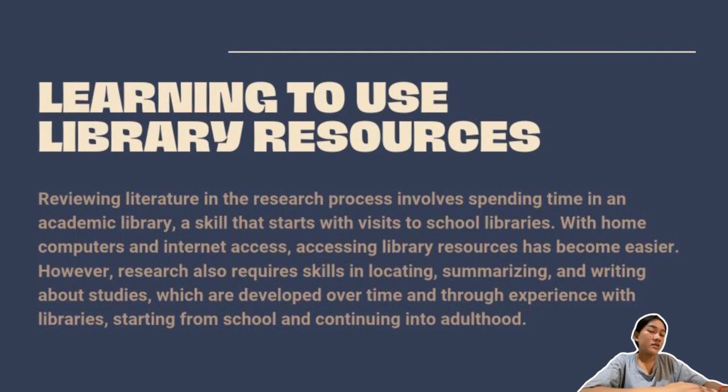Next is learning to use library resources. Reviewing literature in the research process involves spending time in an academic library. It is a skill that starts with, for example, visiting school libraries, or at home with a computer and internet to access library resources.